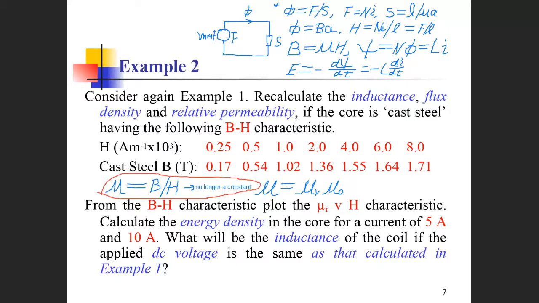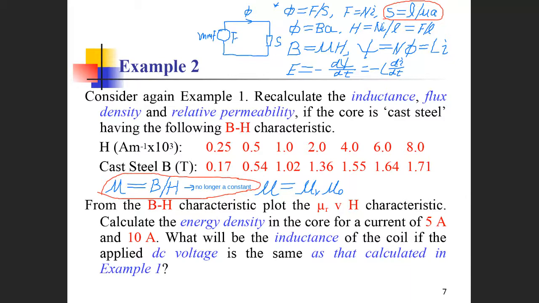So the reluctance changes with mu, mu changes with H, and H changes with the current. So mu changes with the current, and S changes with the current. When F changes with the current, S also changes, and phi also changes.